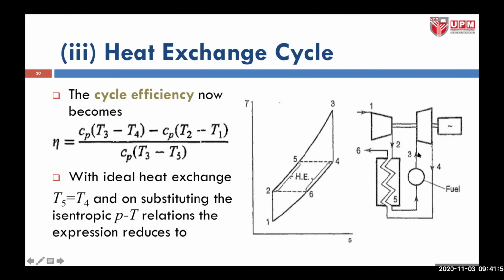Of course, T4 is less than T3. Let's say T4 is around 400 Kelvin when it goes to the heat exchanger. Again, assuming ideal heat exchange, the drop of the temperature from T4 to T6 is equal to the increase of the temperature from T5 to T4.